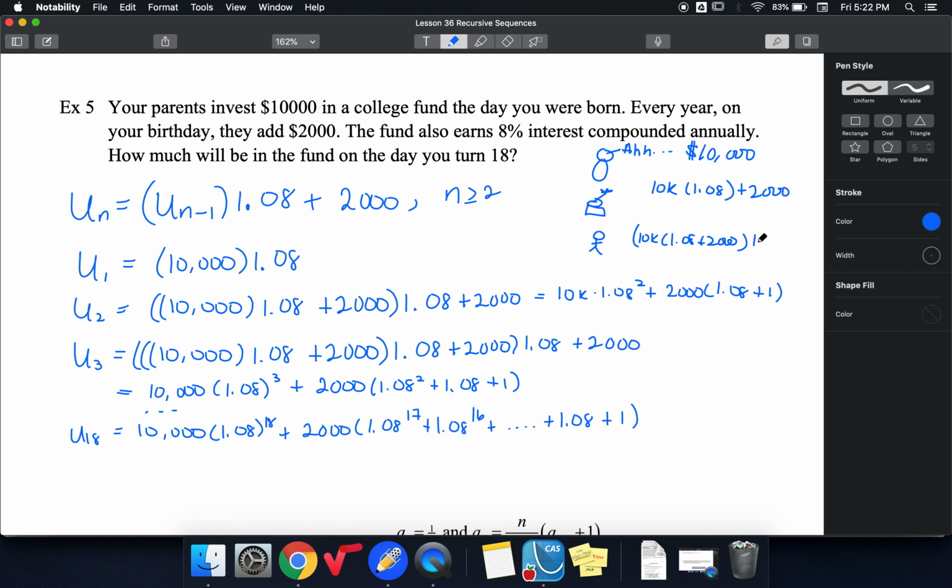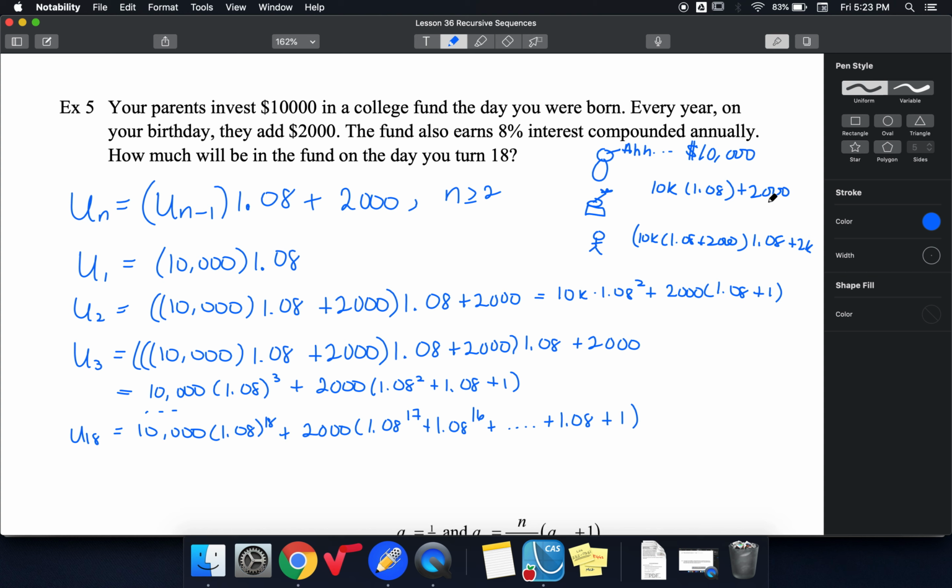So all of that gets 100% plus another 8%, and then your parents put in another $2,000. So at the end of year 1, you had your $10,000 times 1.08, and we add $2,000 to it.